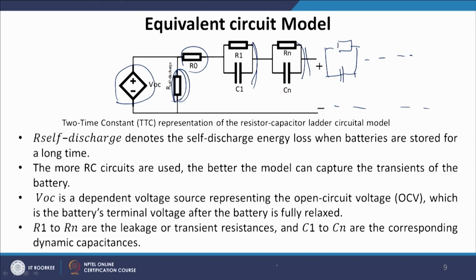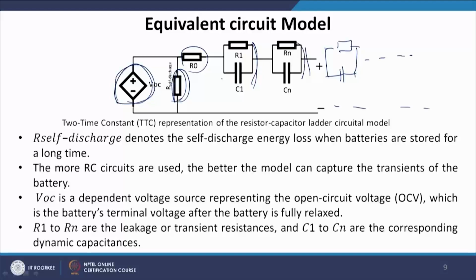And VOC is a dependent voltage source representing the open circuit voltage, OCV, which is the battery's terminal voltage after the battery is fully relaxed. Similarly, the resistances R1 to Rn are the leakage or transient resistances, and C1 to Cn are the corresponding dynamic capacitances.